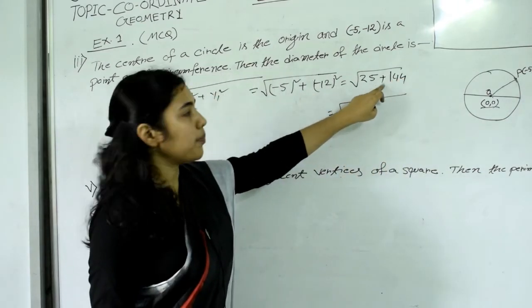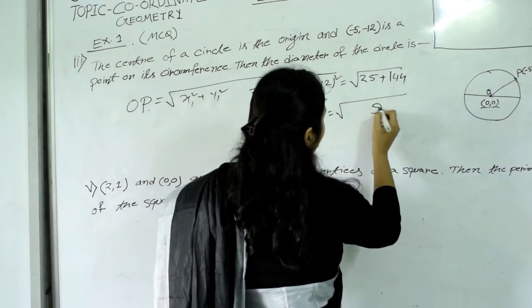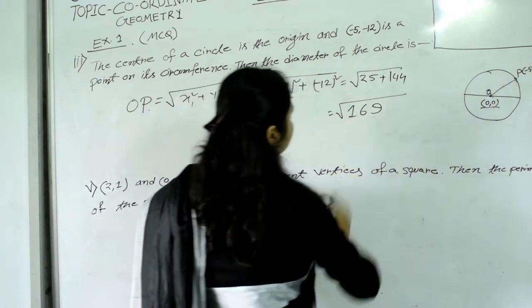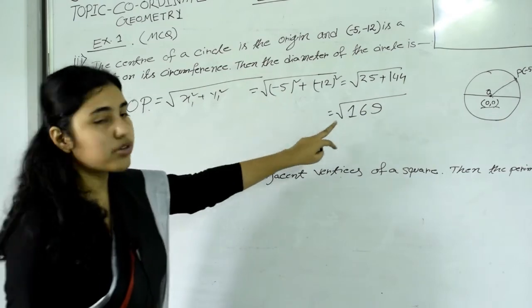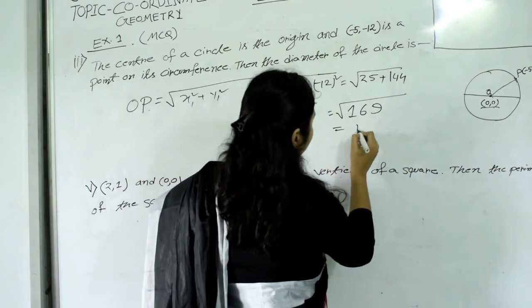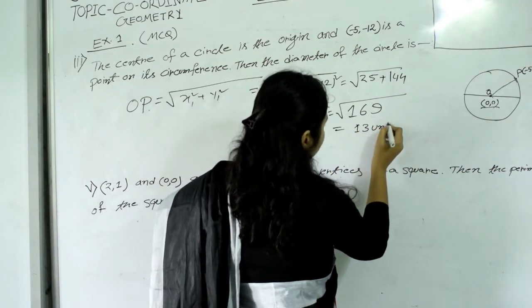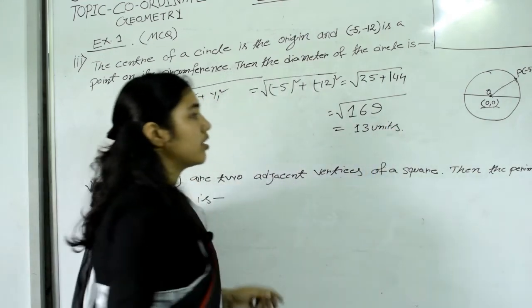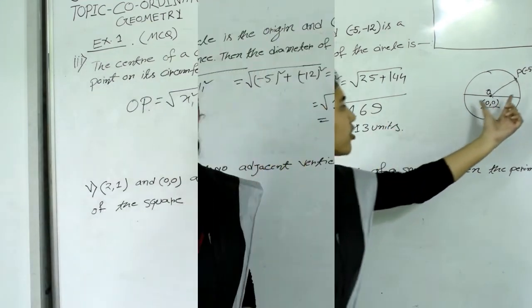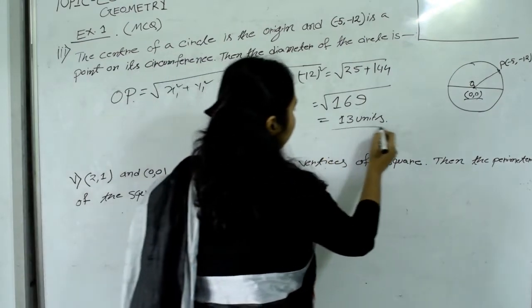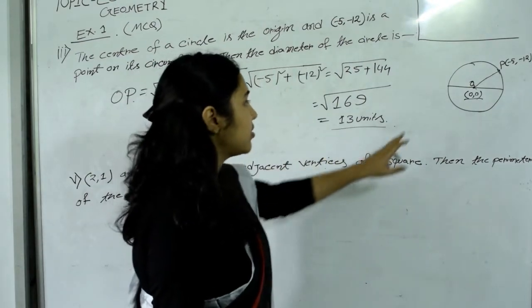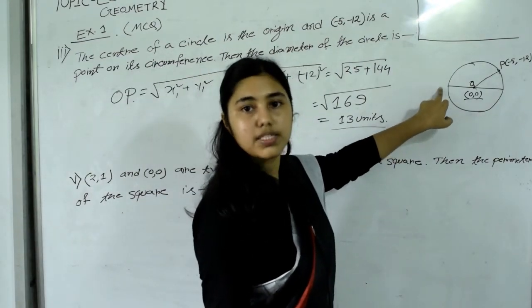Now 25 plus 144 is 169, and square root of 169 is equal to 13 units. Okay, so this is the length of the radius of this circle.